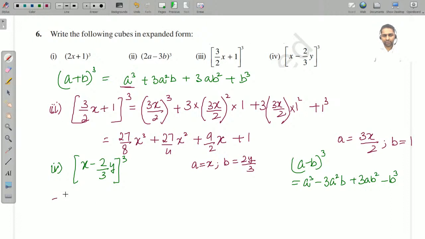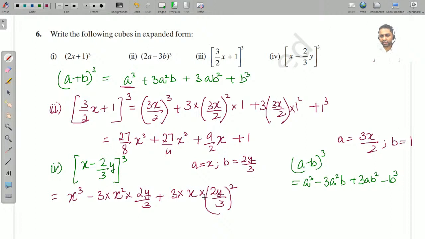So it comes out to be a cube, that is x cube, minus 3a square b, 3 times x square times b, which is 2y upon 3, plus 3 times a b square, 2y upon 3 whole square, sorry, 3ab square, then minus b cube, so minus 2y upon 3 whole cube. We just need to solve it.